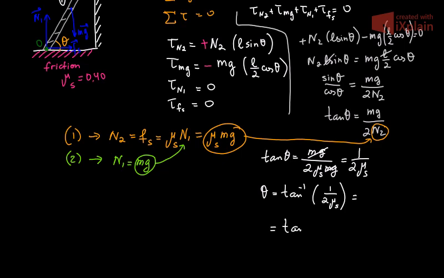We get the tangent inverse of 1 over 2 times 0.40, which equals 51 degrees. So this would be the minimum angle that we need to provide so the ladder doesn't slip.